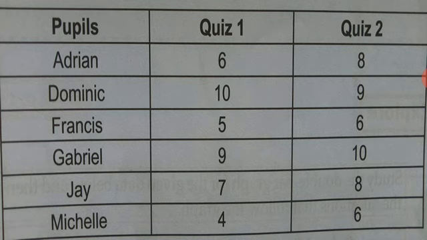Since this is just small data, we can use an interval of 2 or 3, as long as you can locate all these scores in the bar graph. Let's say the first quiz is blue and the second quiz is the red bar.